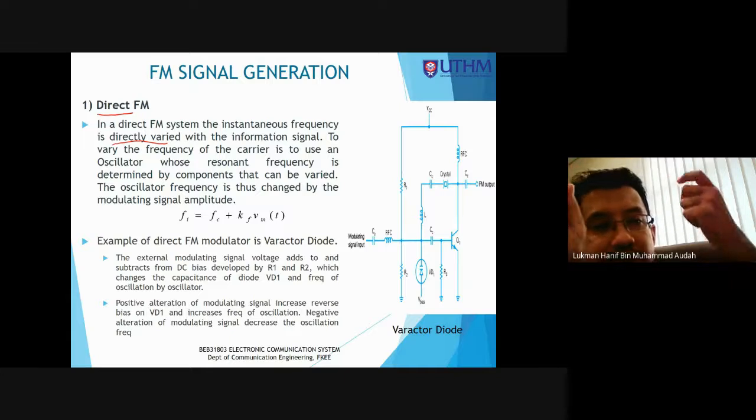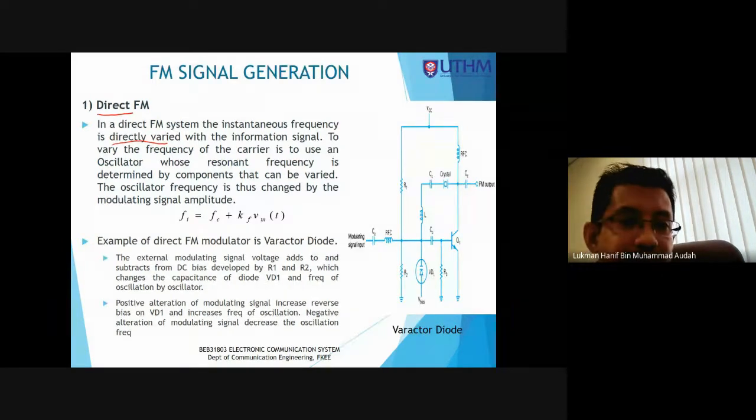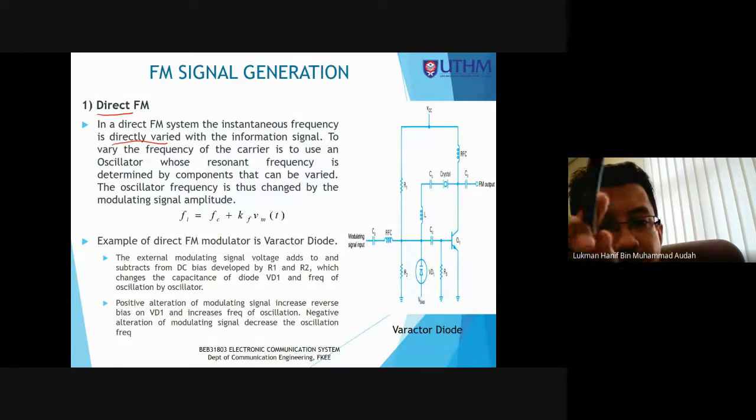Okay, if we change the frequency directly, that means we are indirectly, secara tak langsung, change the phase of the carrier. Okay, so to vary the frequency of the carrier is used an oscillator whose resonant frequency is determined by the component that can be varied. So the oscillator frequency is thus changed by the modulating signal amplitude.